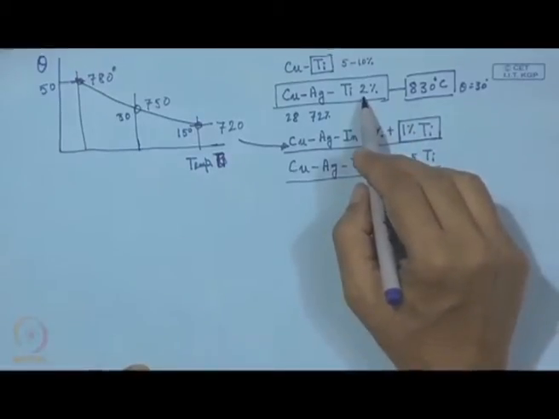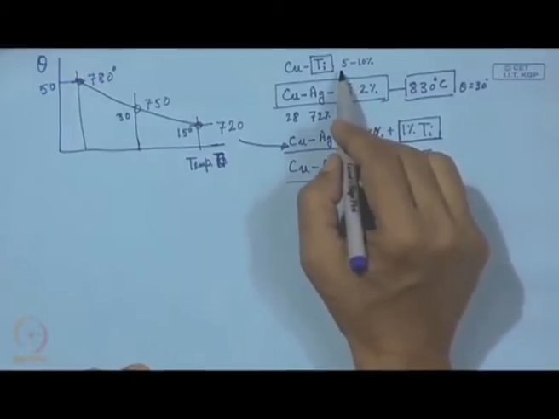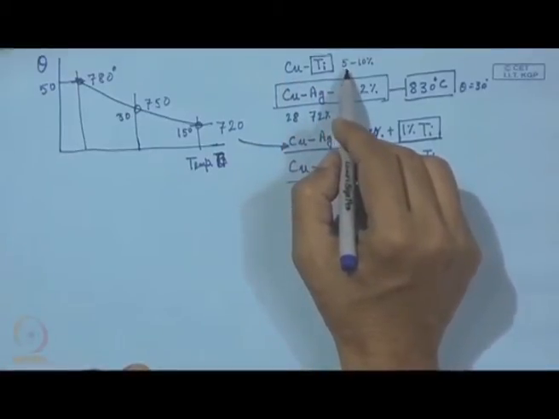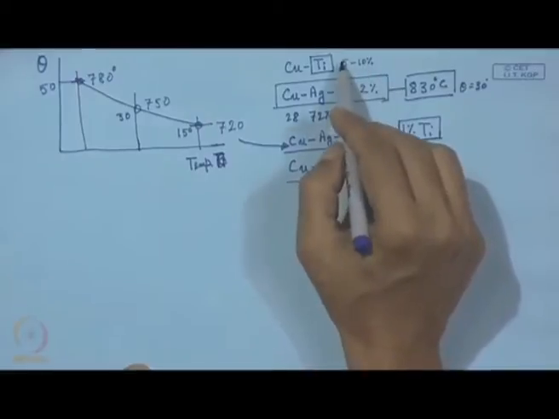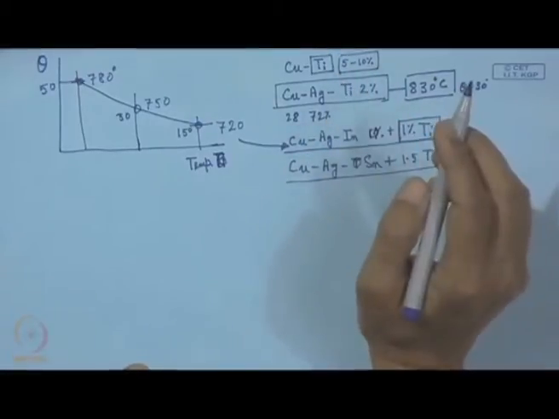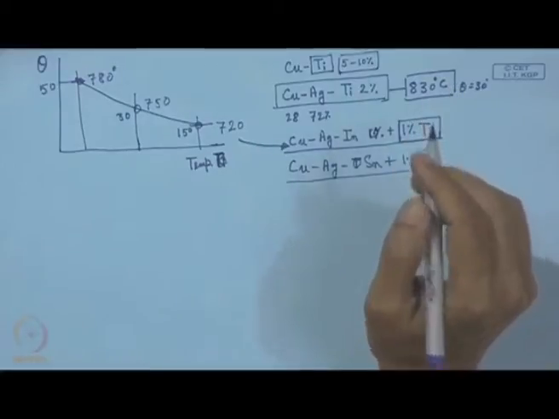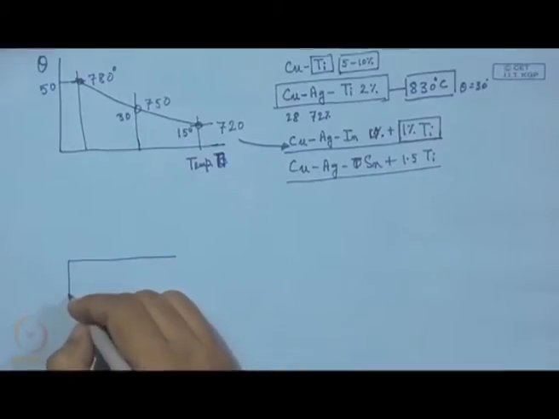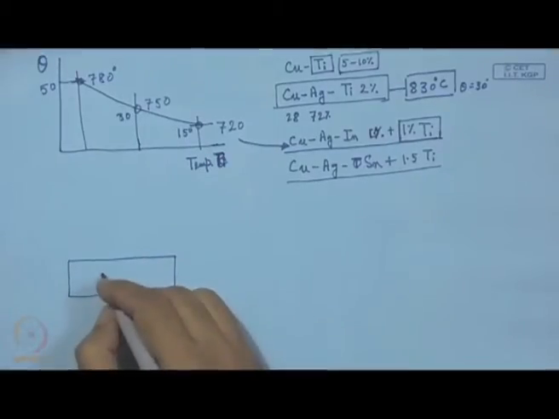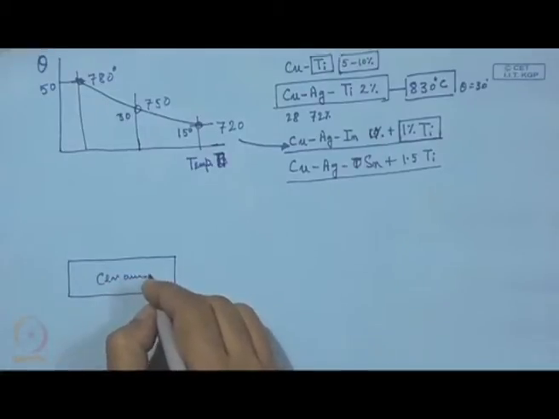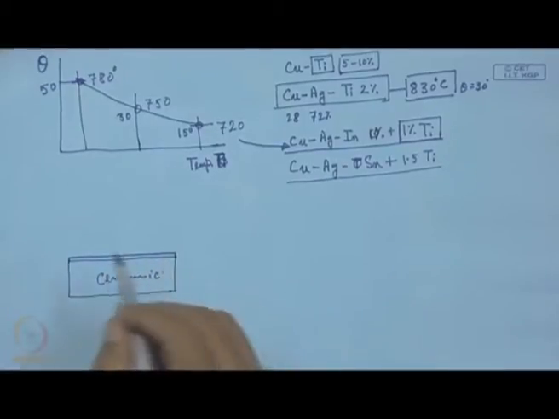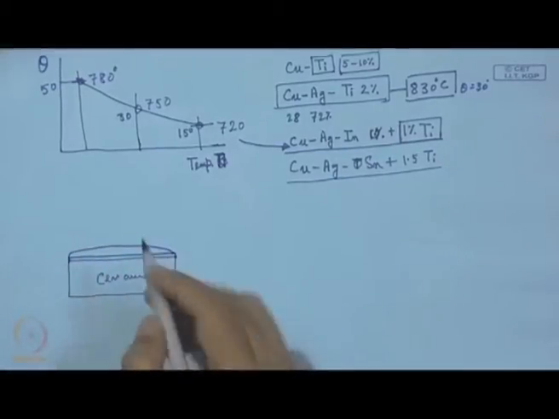And since the percentage of titanium is still higher with just copper and titanium, between 5 to 10% at least is necessary to promote this wetting. And in this case, the reaction layer forms on this surface. This is the ceramic, and on that we have this reaction layer, and on that we have this brazing material.